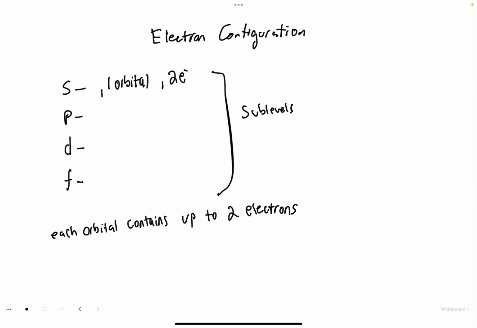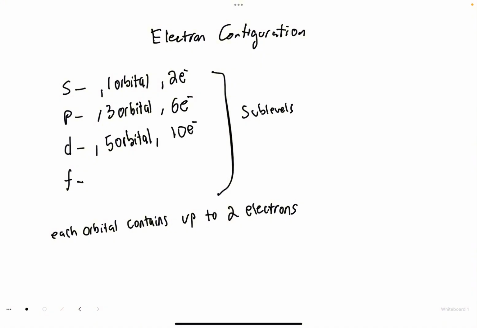If we go to the P sublevel, we have 3 orbitals, and we have 6 electrons. When we go to the D sublevel, we have 5 orbitals, and that will result in 10 electrons.